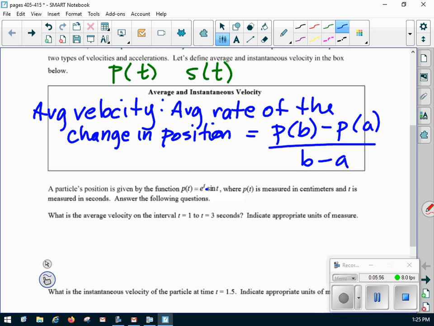I said that wrong. So the position, where were you at your ending time? Where were you at your starting time? It's the difference in your position divided by the change in time. Change in position divided by change in time. Like miles per hour, feet per second. Now, that's average.